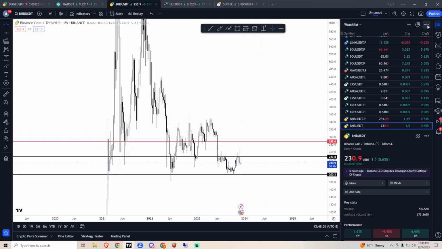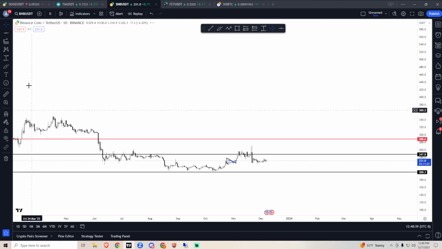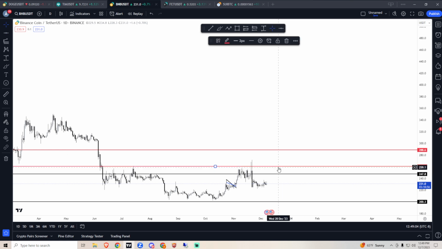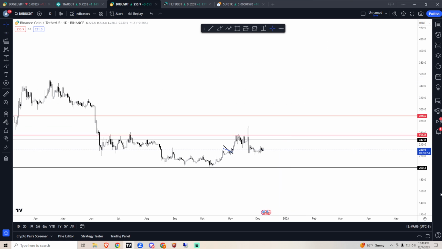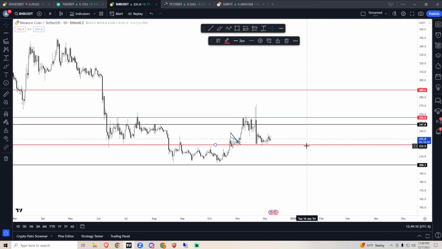Like here are your weekly levels, label them on your charts so you know what levels are. Go on the daily, right? Here is your daily resistance. Here is your daily support, right? And then you just do top-down analysis. So just keep going lower and lower. But I usually do weekly, daily. I don't go on monthly unless it's like Bitcoin.